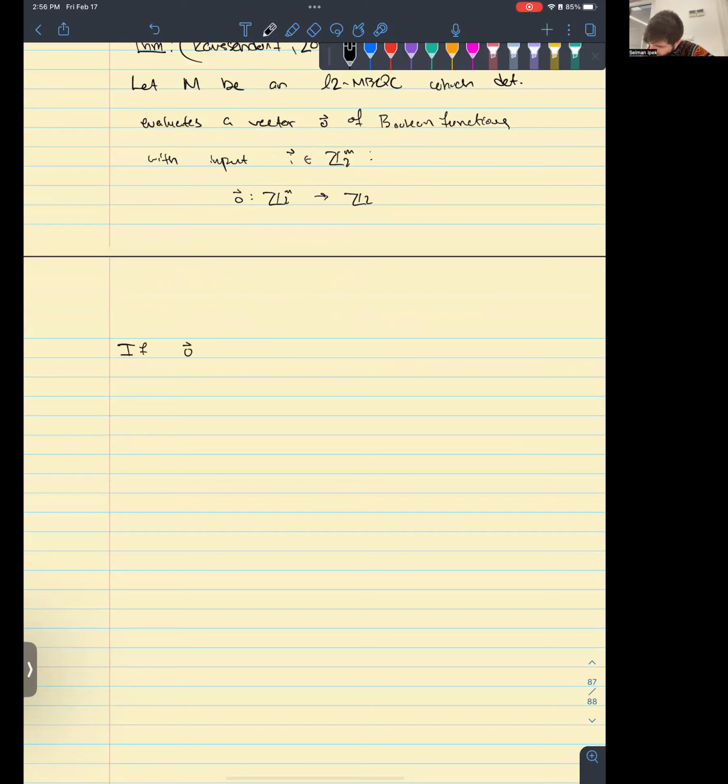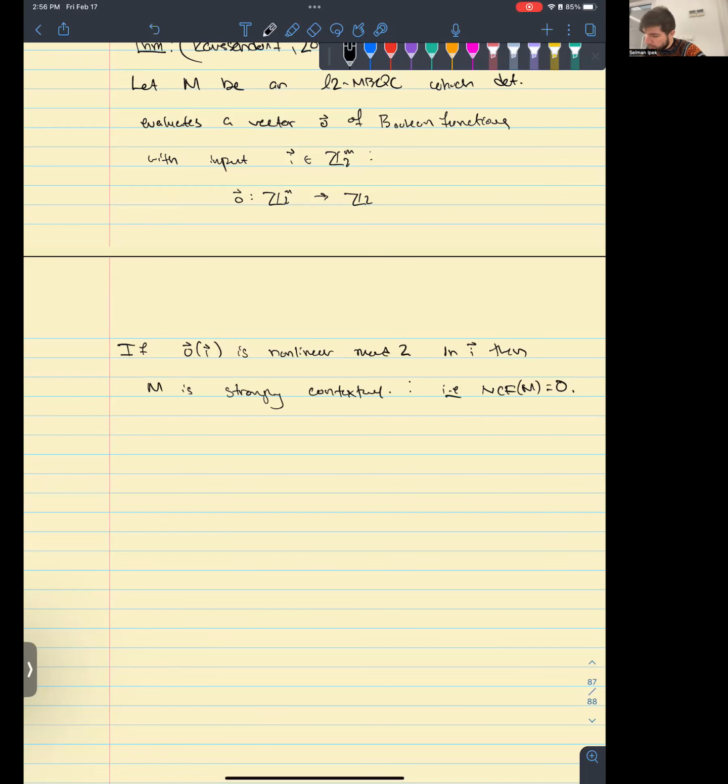If O of I is nonlinear mod 2 in I, then M is strongly contextual in the sense that I defined above. That is to say, the non-contextual fraction for the MBQC is 0.